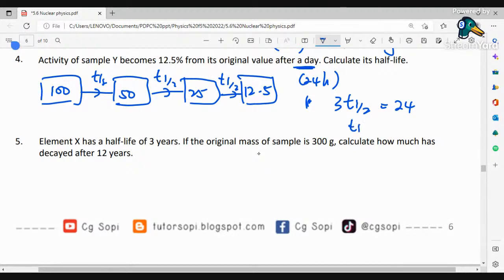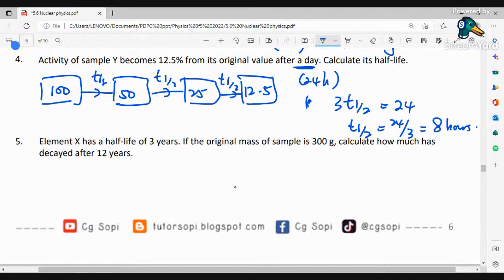So half-life ialah 24 divided by 3 ialah 8 hours. Ataupun 1/3 of the day ialah 8 hours lah.